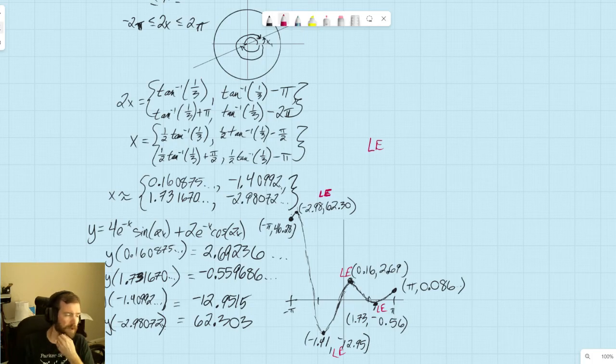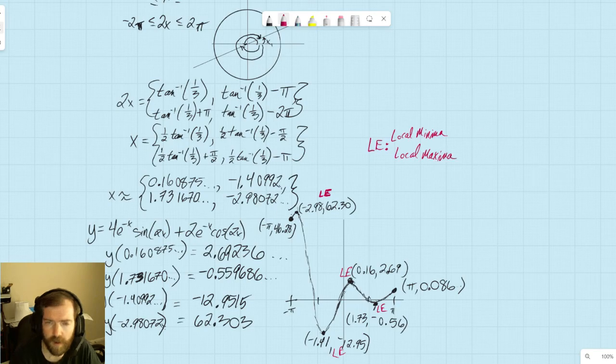We only really care about negative pi to pi, so we'll stick with that. And those are our solutions for just having local extrema. Which category do they fall under is the next bit, right? So, cool, but we have local minima and local maxima.